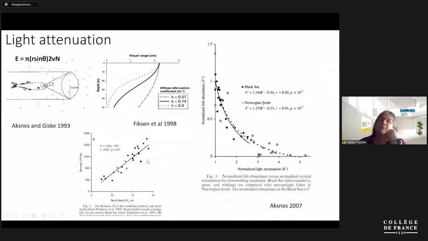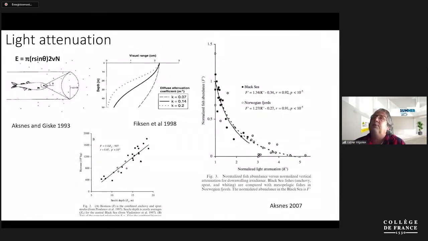And then this is something that results from Agnes et al. that is often not considered because we always speak about primary production and these kinds of aspects, but they show that the biomass of fish in different areas, in the Black Sea, Norwegian fjords, and I think this is for the Black Sea, is actually related to the light. And why is this?